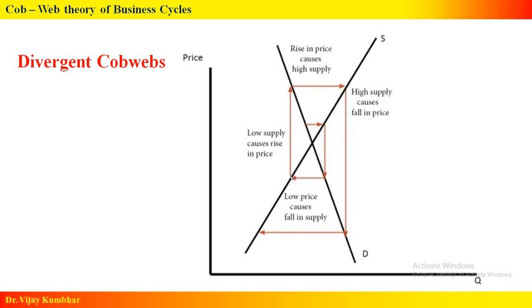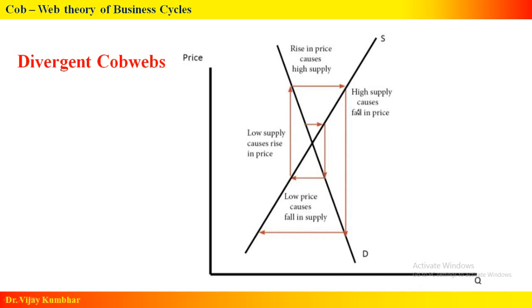Again, in this particular situation, supply is less and demand is higher. Hence, there will be a rise in price caused by higher demand. This will be increased due to the increasing demand. The increasing demand leads to more supply in the next year.